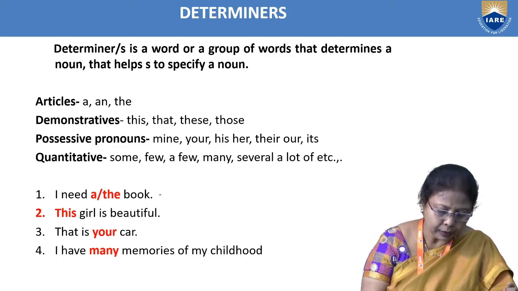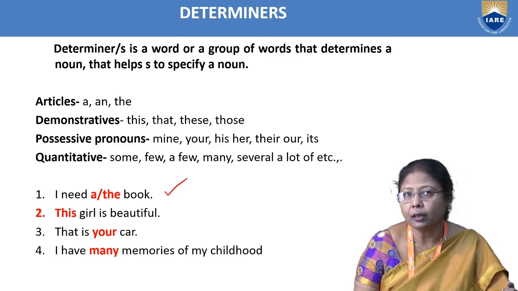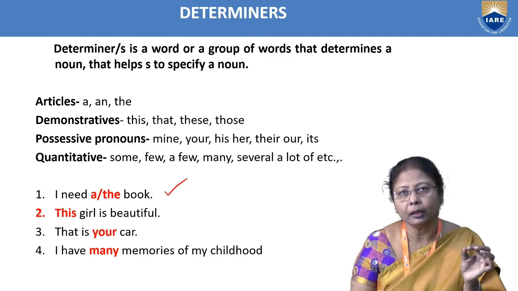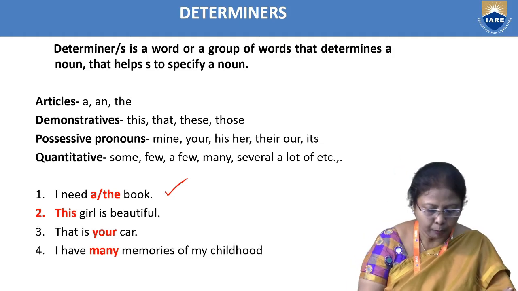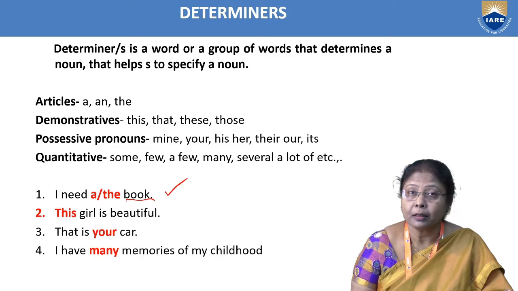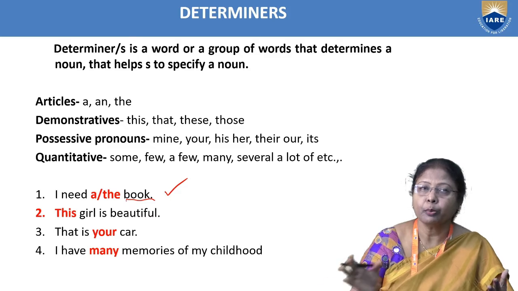Here I have given one sentence: I need a book, or I need the book. Here a and the, indefinite and definite articles, determine the noun book. Articles act as determiners to the noun here.